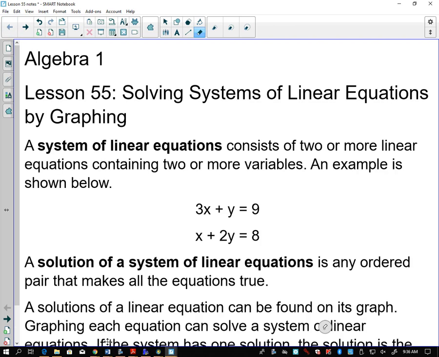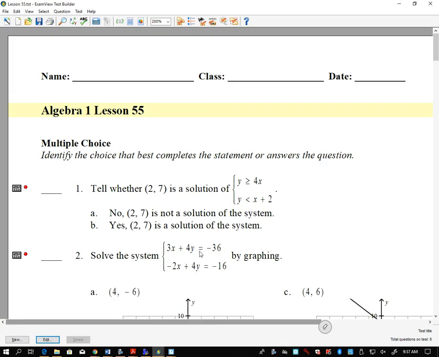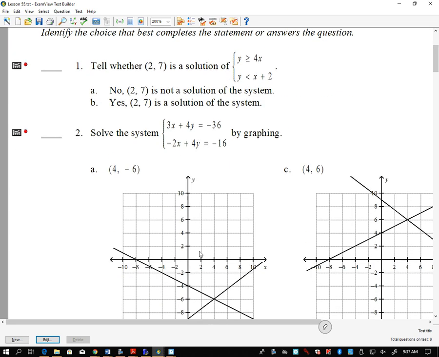And that's it for what they give you there. So let's take a look here. Question number 1 says, tell whether (2, 7) is a solution of this system of equations. Now, really these are inequalities. Let's look at the first one.